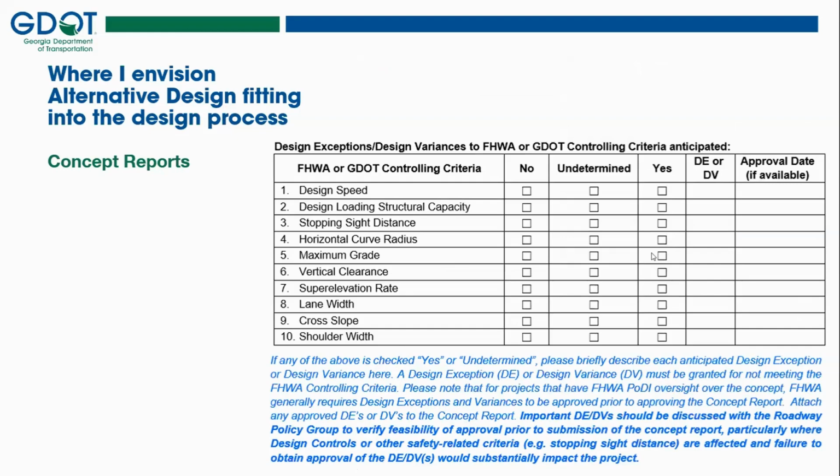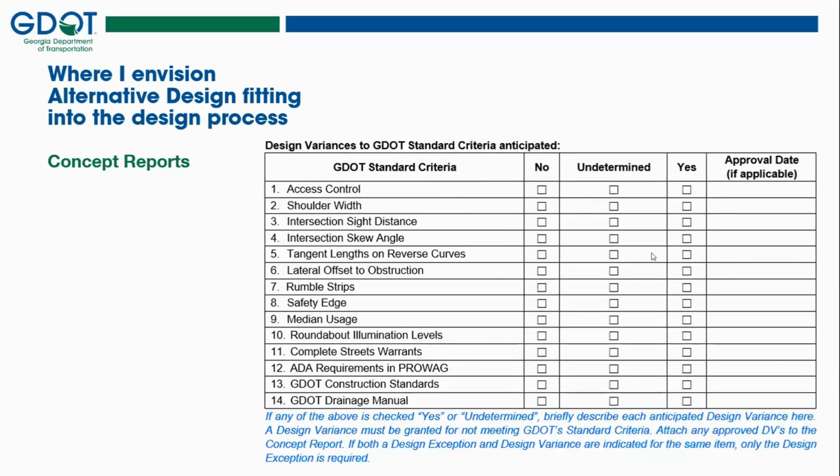So if we have the data to make those decisions as early as possible, it just helps the process go a lot smoother. Same thing for our GDOT standard criteria, which are things that FHWA hasn't identified as a controlling criteria, but that GDOT sees as important enough that we want it documented with a design exception or a design variance.